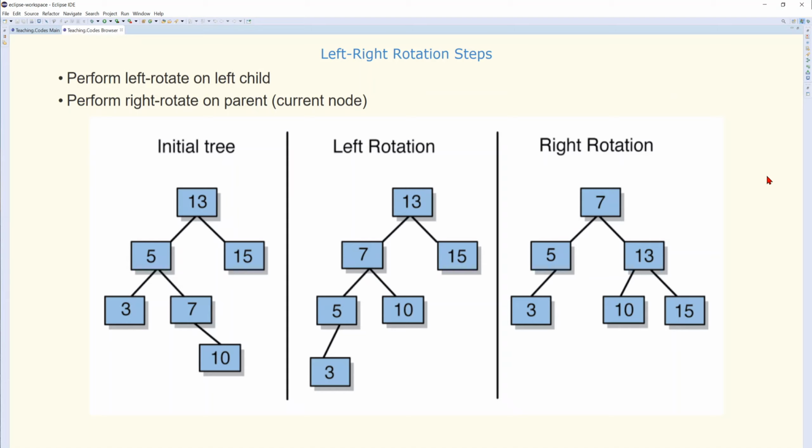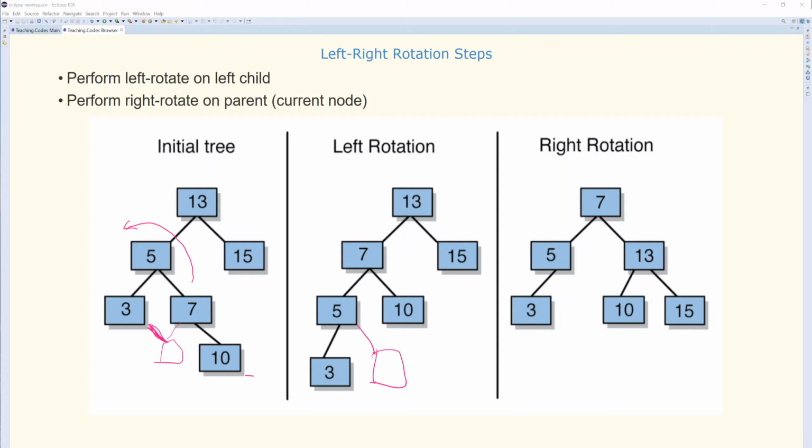The imbalance is actually here at 13, but first, I do a left rotation here. So 7 and 10 go up, 5 and 3 go down. Now, see, there's something interesting here. The left child of 7 gets adopted by 5 that comes here. But the left child of 7 was null. It was empty. That empty tree gets adopted by 5.